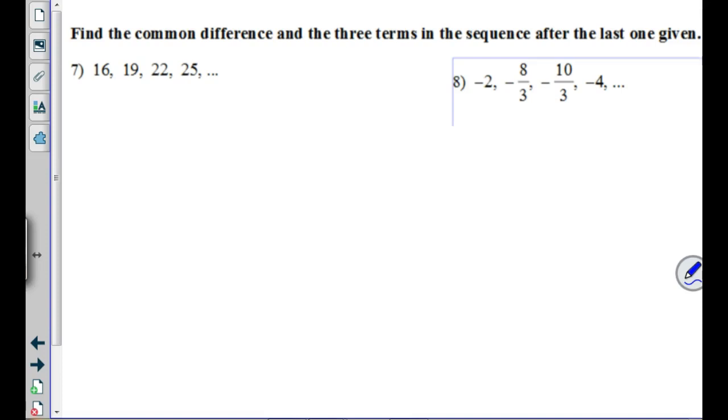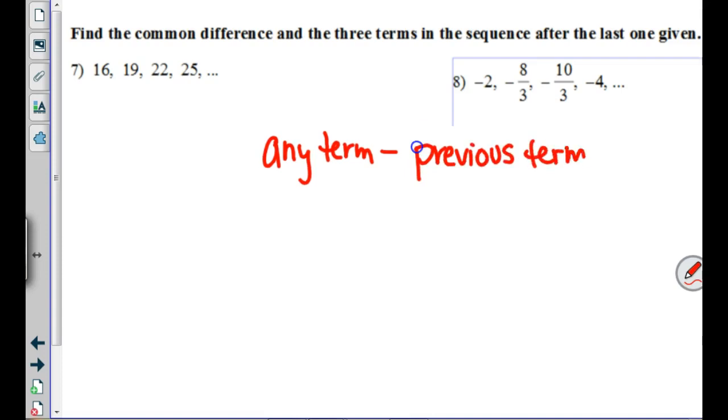We're to find the common difference and the next 3 terms. I'm going to skip to 8. 7's too easy. So can we tell what the common difference is here? How would we determine that real easy if you wanted to use your calculator? Take any term minus the previous term, as long as it's arithmetic, will give you the difference.